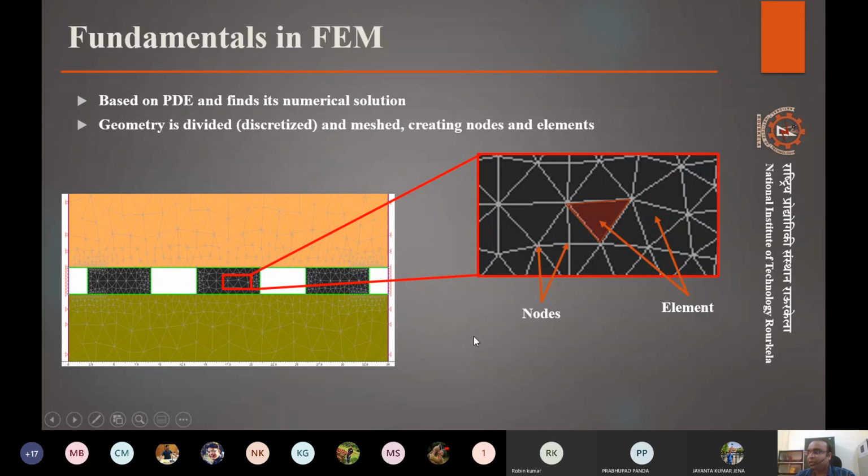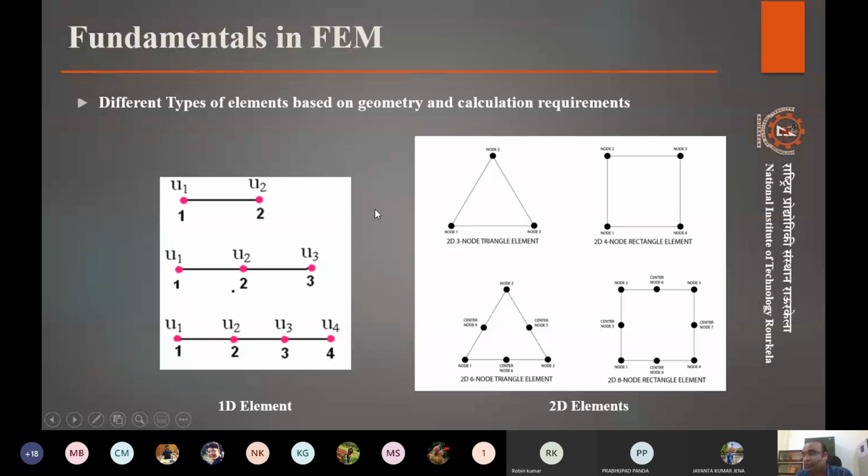So in that way, it calculates all the values for each of these nodes, and between these nodes, the values of the elements can be interpolated.